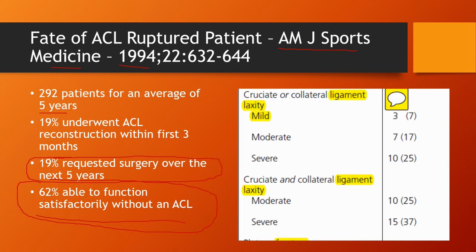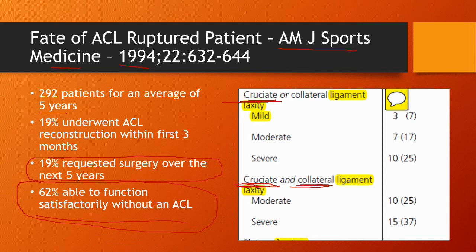But the AMA Guides tell us that in examinees who have had injury to the anterior cruciate ligament and who have persisting laxity and instability and adverse impact on their activities of daily living, they provide for permanent impairment rating due to isolated cruciate ligament injury and also for combined cruciate ligament injury when the injury to the cruciate ligament is combined with an associated injury to one or more of the collateral ligaments.